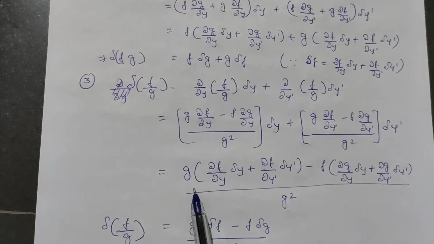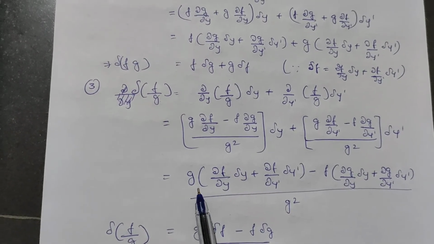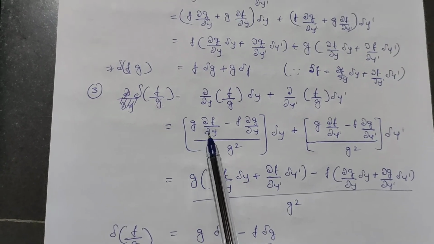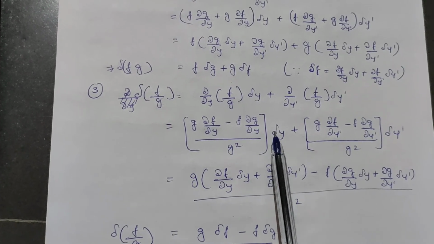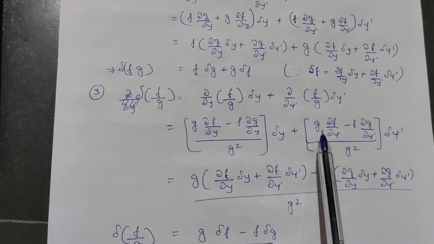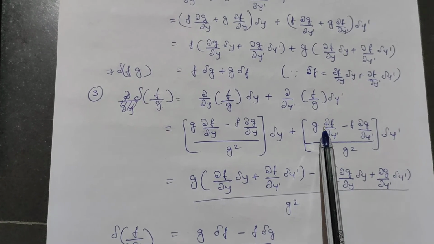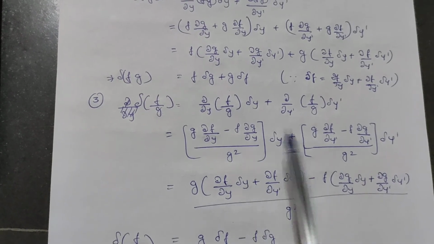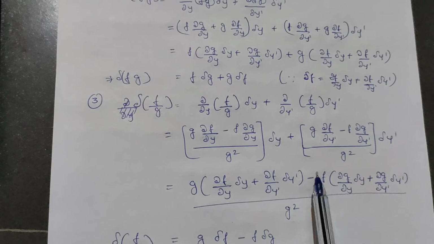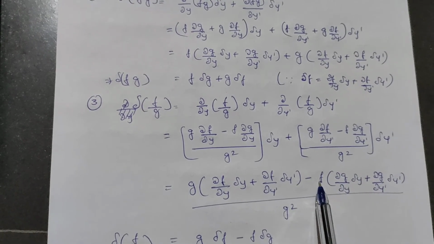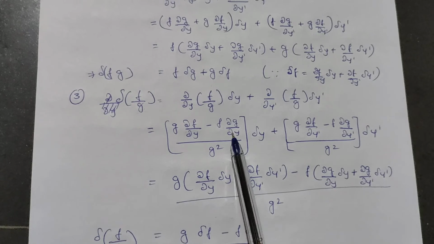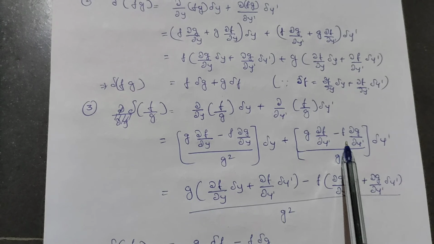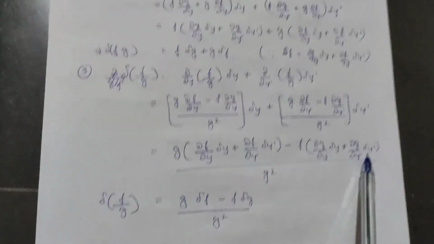Let us separate the terms containing g and f. Let us take g common: dou f by dou y into delta y plus dou f by dou y dash into delta y dash. In the other two terms we have a negative sign, so let us take it as common, and f is also common: dou g by dou y into delta y plus dou g by dou y dash into delta y dash.